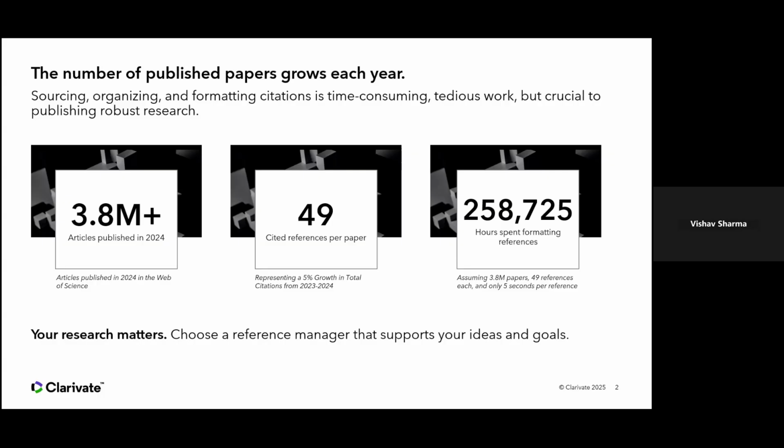So you can well imagine, given the number of cited references in each of these papers, look at the number of hours that have been spent in formatting these references, right? These are astronomical figures. You can well understand how much time is being spent on a simple task like formatting these references, right?